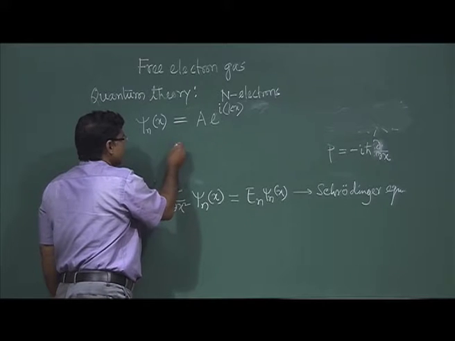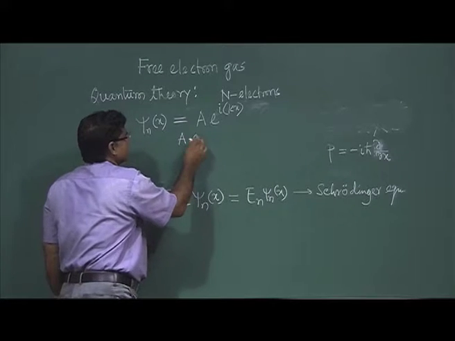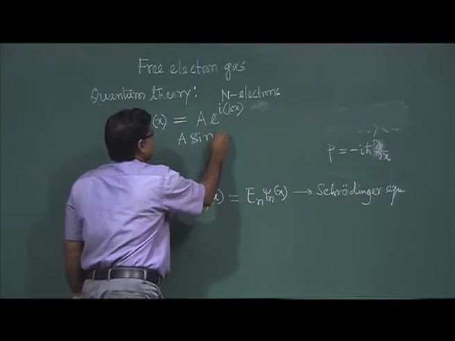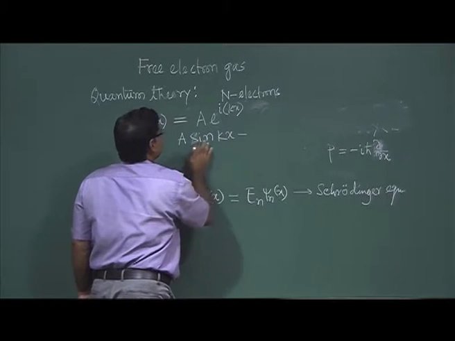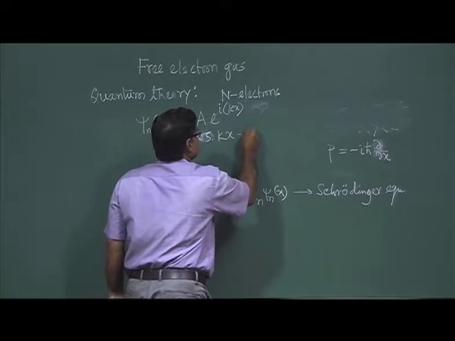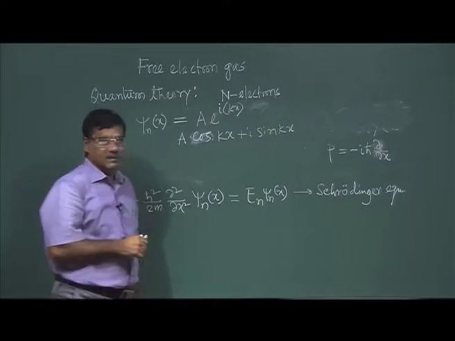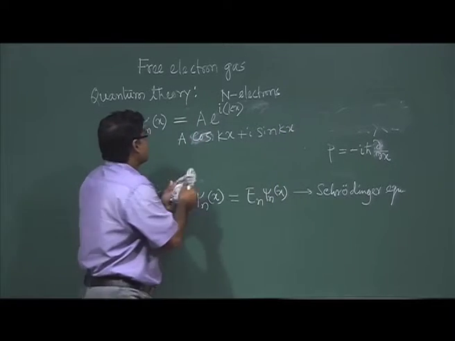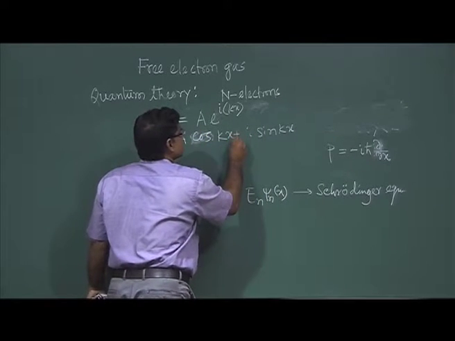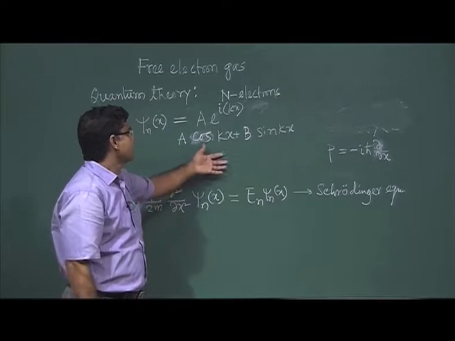We can write this e to the power, in terms of sine and cosine functions, cos kx plus i sin kx. In general one can consider A cos kx plus B sin kx.